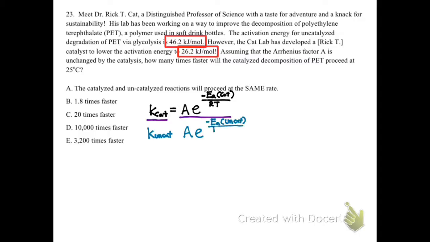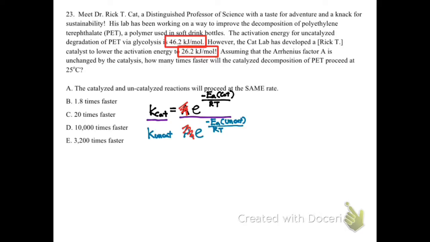And there are ways that we can simplify this expression here. Honestly, what I like to do is solve for both exponents before plugging in values. I just like to take this very, very slowly. That helps to ensure that the calculations don't get messed up. And the reason why we're keeping A the same is any number divided by itself is just 1. So this helps simplify our calculations here.